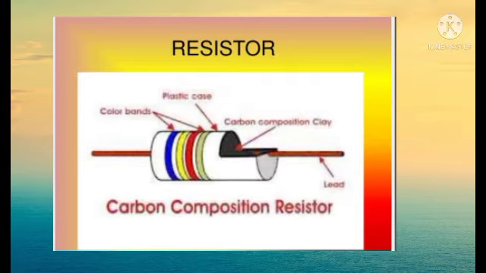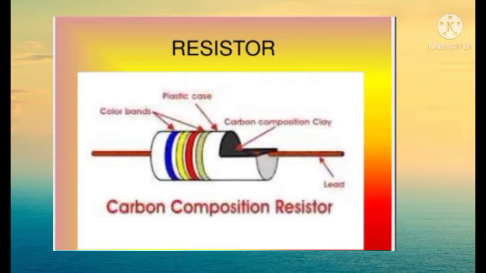Resistors are of different types. The figure shows the carbon composition resistor. The construction of a carbon composition resistor is as shown in the figure. In the carbon composition resistor, the color bands are printed on the resistor.